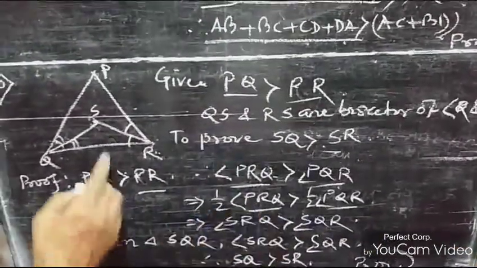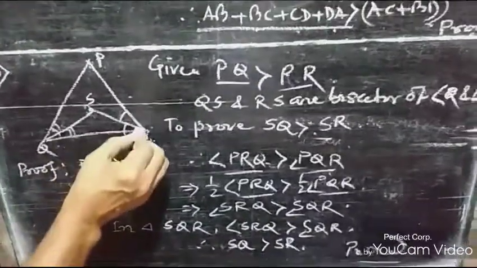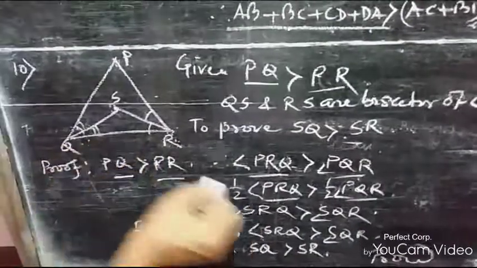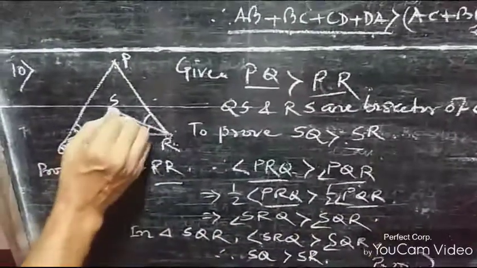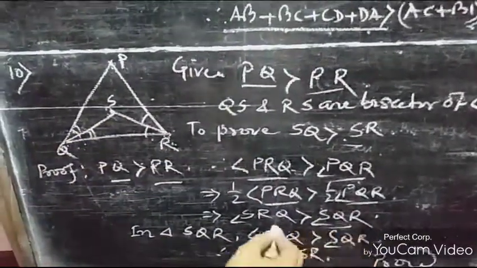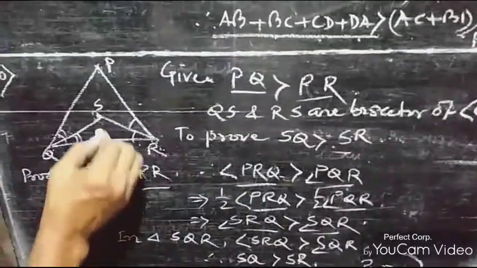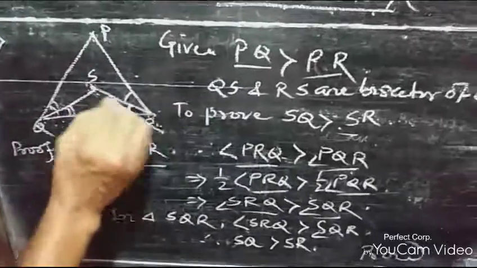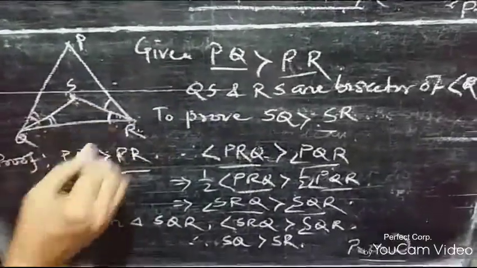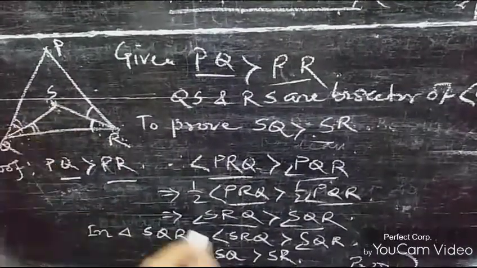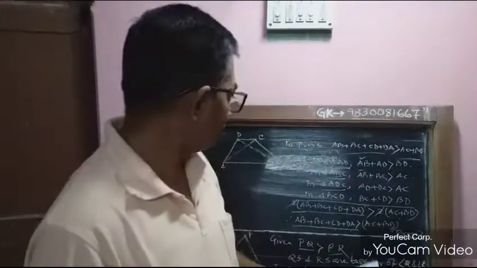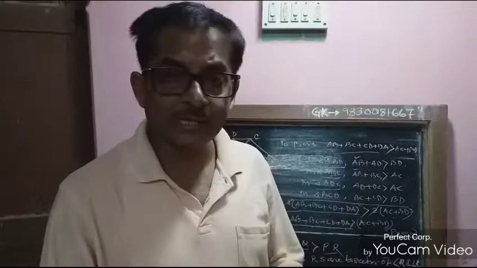Half of PRQ is the bisector angle SRQ, and half of PQR is SQR. Then in triangle SQR, SRQ is greater than SQR, therefore the opposite side SQ is greater than SR.